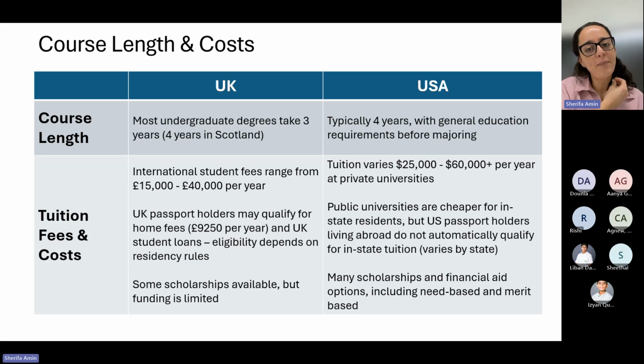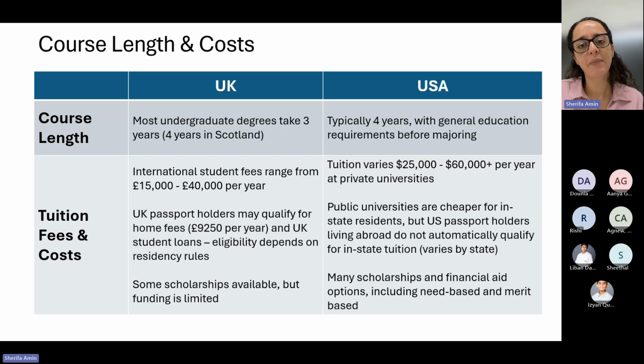For UK passport holders, there is the possibility of qualifying for home fees, which significantly reduces tuition down to £9,000 per year. But whether a student is eligible for home fees depends on residency, and each university has the right to decide if they will offer a student home fees status or international fee status.